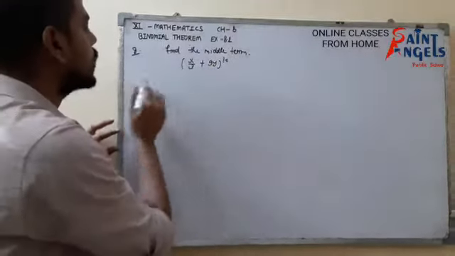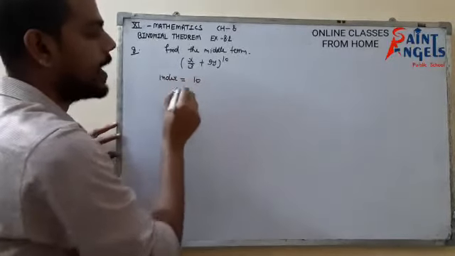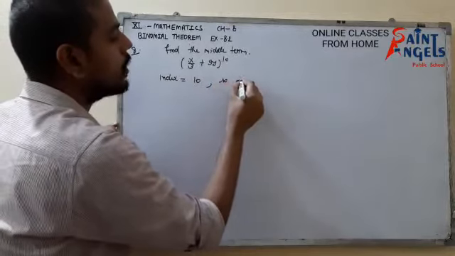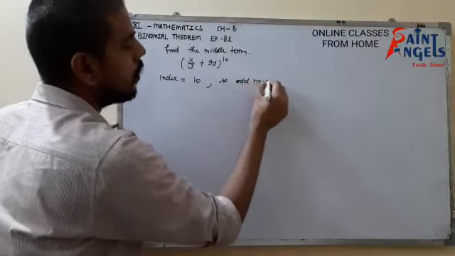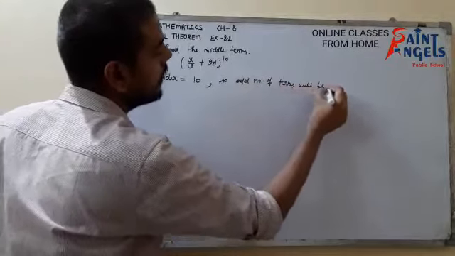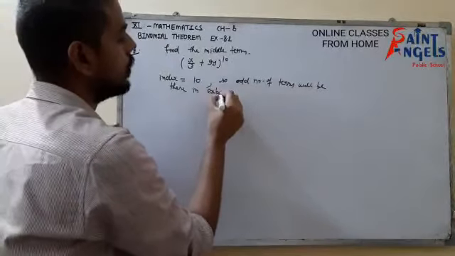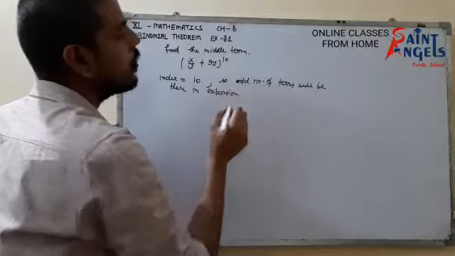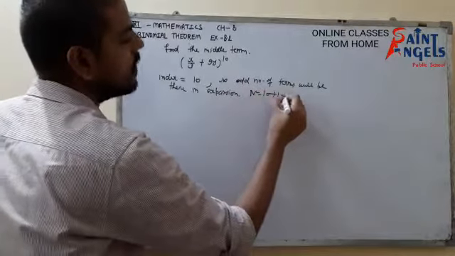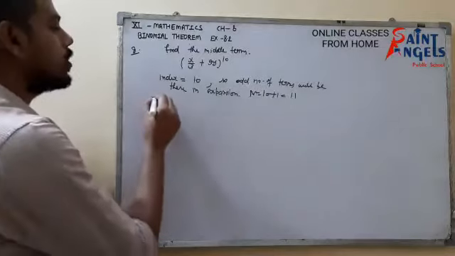First of all, the index is equal to 10, so an odd number of terms will be there in the expansion. Whenever we have n equals 10, the number of terms is n plus 1, it means we have 11 terms in the expansion. So the middle term would be equal to what?